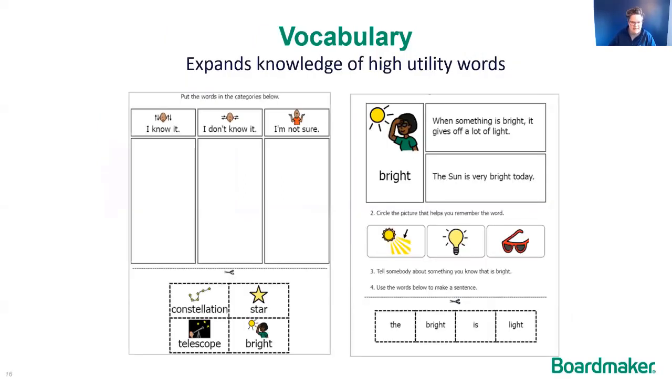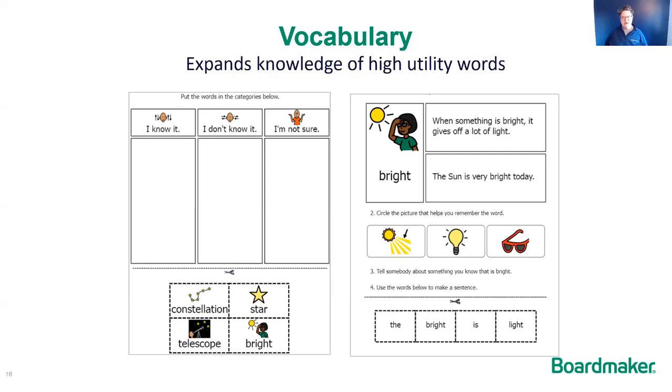Next, we're going to do an activity specifically around the vocabulary. The idea here is that we're going to expand that knowledge around these specific words around this topic. The first thing we're going to do, much like I got you to do at the beginning, is ask the student to sort some of the vocabulary that we're going to be looking at.